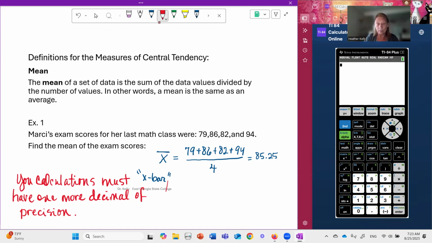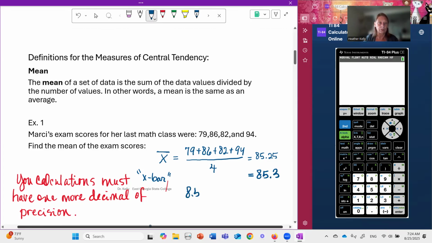Okay, so with that being said, the answer here is not 85.25, it is 85.3. So 85.3 is the average, or the mean, of the exam scores.